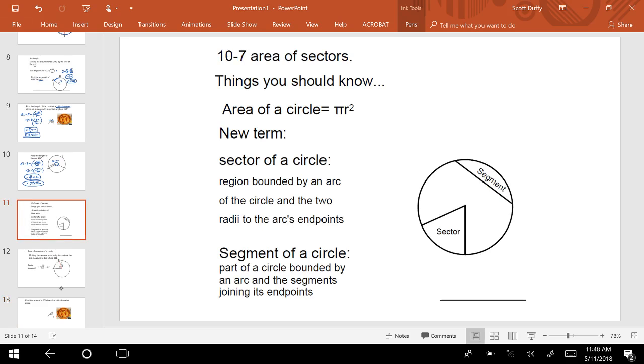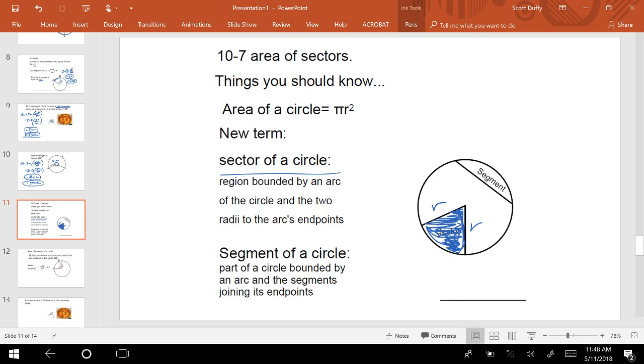Now, 10.7, you need to know the area of a sector. A sector of a circle is a region bounded by an arc of the circle and the 2 radii at the arc's endpoint. So basically, it is the area of a slice of pizza. You draw one radius, you draw another, and then between those 2 radii, it's all of that area.